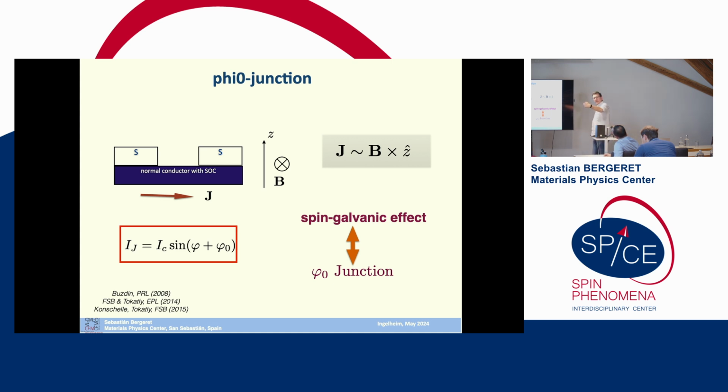So we get a current flow, so that if we close our loop here, and we measure the current phase relation, we will see that our current phase relation has a shift in phase, which is this phi naught. So what I want to summarize in this picture is that the phi naught junction is nothing but a consequence of the spin galvanic effect, as I think we understand from the previous discussion.